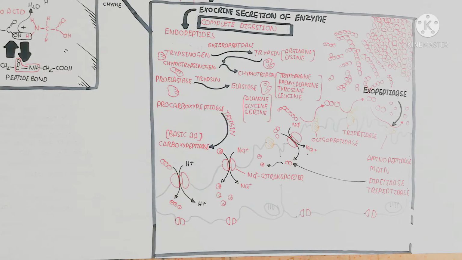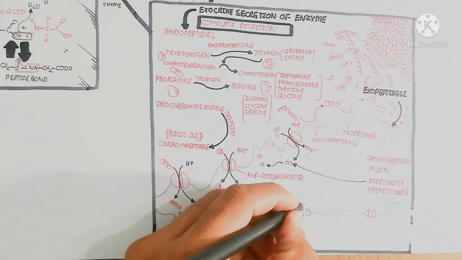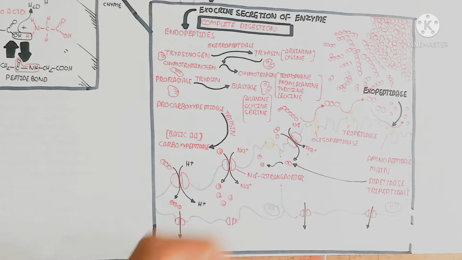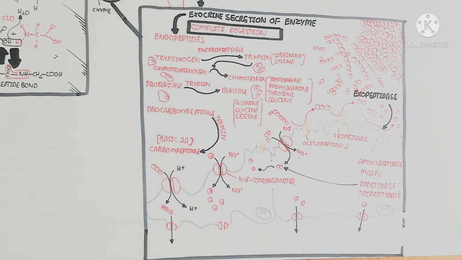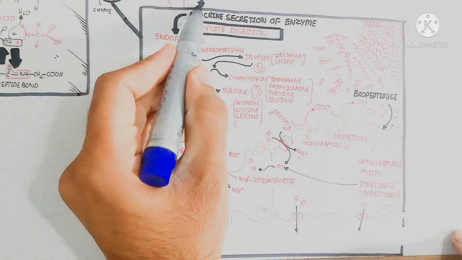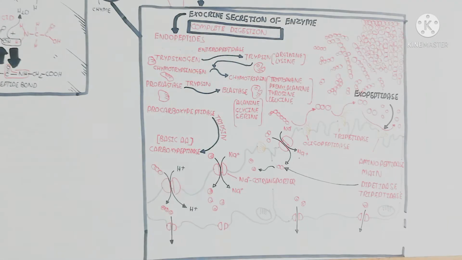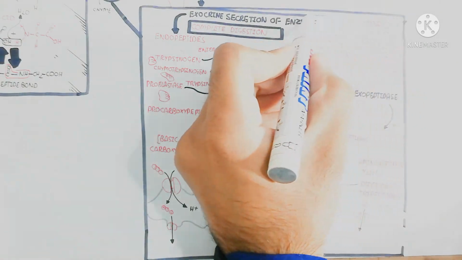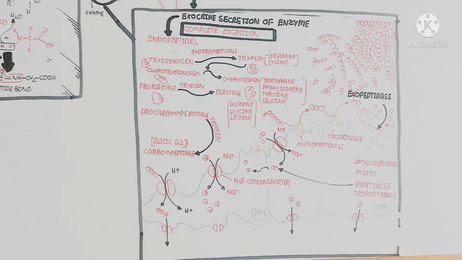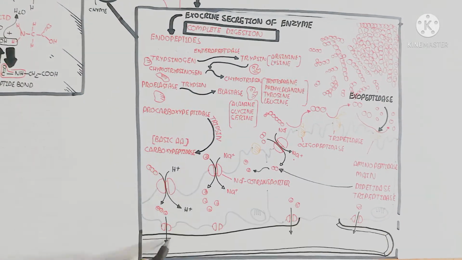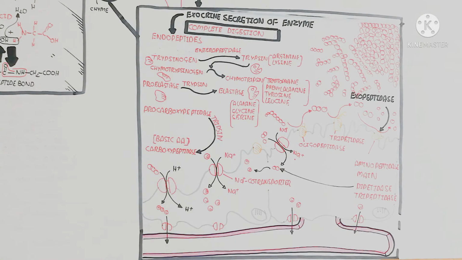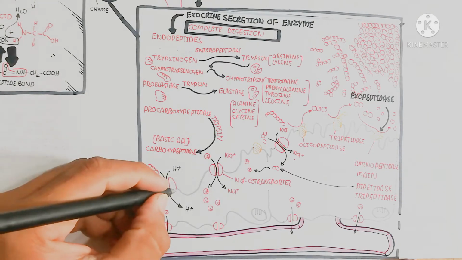Down here you can see the amino acid transferase channel, basically a transporter, and the amino acid will be transported into the blood circulatory system. In this way the absorption occurs. The complete absorption occurs in the duodenum.